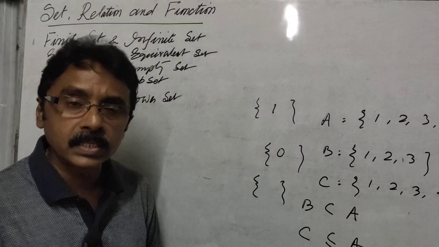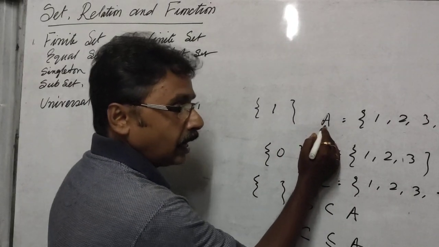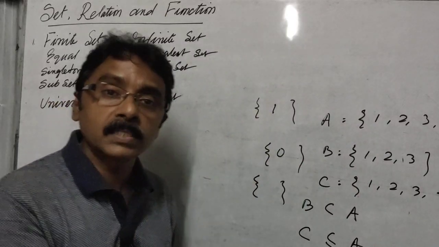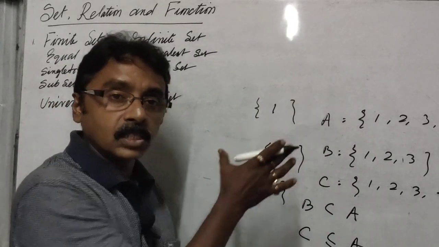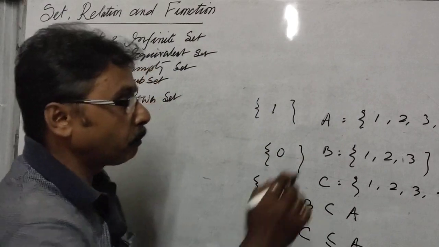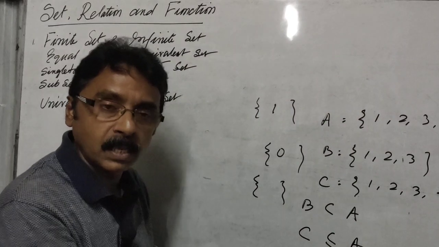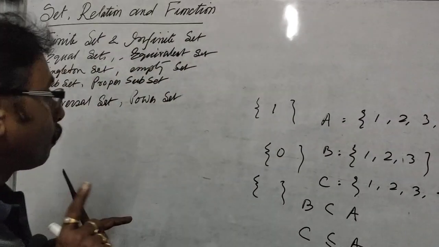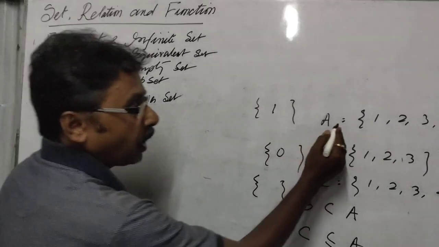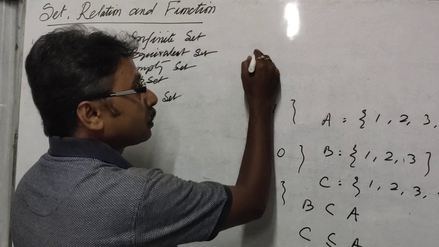And power set. Power set means: for the set A, what are the possible subsets of A? This collection is called the power set. Suppose by taking the elements 1, 2, 3 and 4, how many possible subsets can we form?